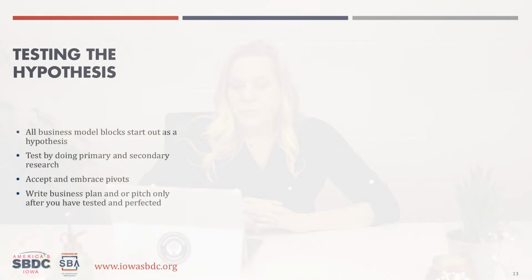So the concept of the business canvas model is not just filling that out, but it's going out and testing every block. So you're going to test that value proposition by talking to potential customers and interviewing them. And we'll talk a little bit about that in market research and the best ways to do that. But you're testing everything.